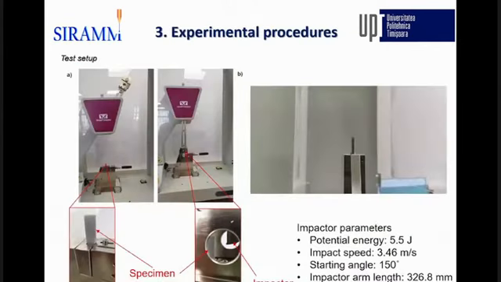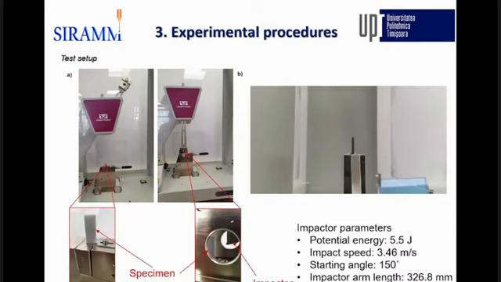The test setup. Impact strength was experimentally determined with the IZOD test using the Instron 9050 IZOD mechanical system, equipped with an approximately 1 kilogram hammer that impacts the samples at a velocity of 3.46 meter per second.